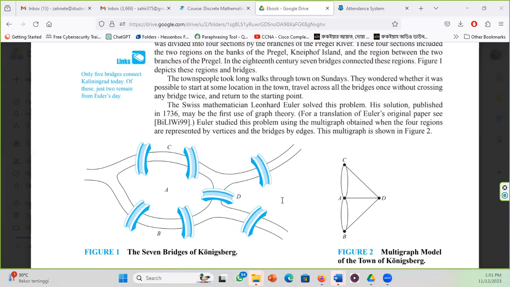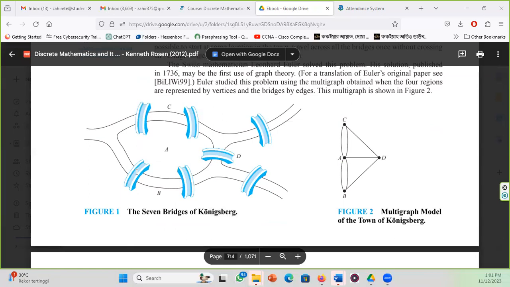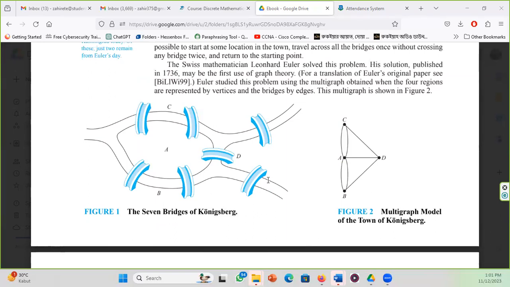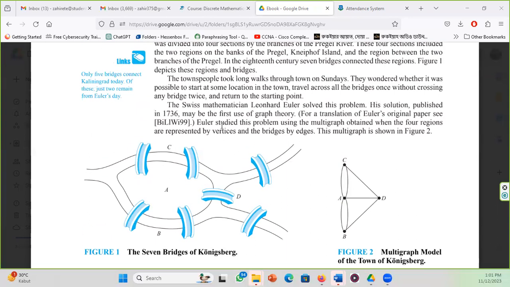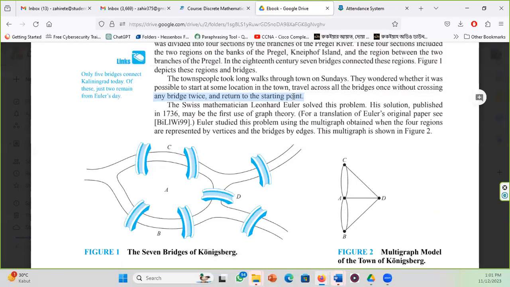So they developed one condition: you need to travel from this path, but you can use each bridge only once. It means you need to start from the same location, travel across all the bridges exactly once without crossing any bridge twice, and return to the starting point.